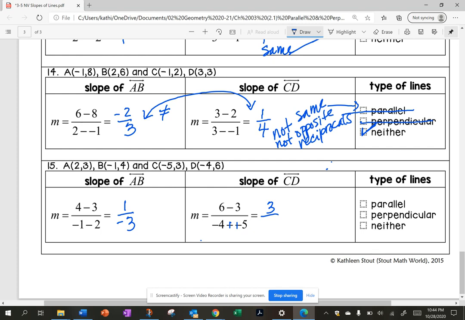So -4 plus 5 is 1. So looking at my two slopes, this one is negative, this one is positive. Well, first of all, they're not the same, so I know they're not parallel. But I have one negative and one positive, and these are opposite reciprocals. So these are perpendicular.